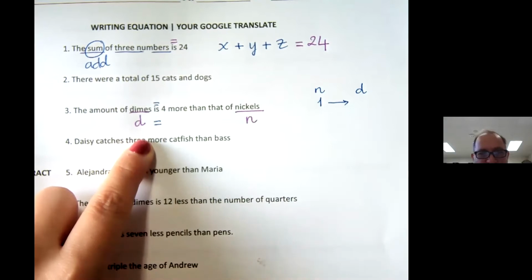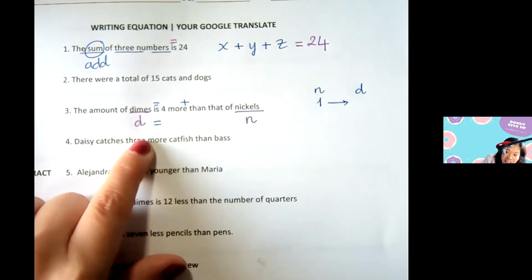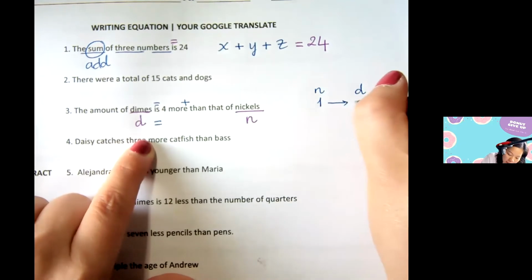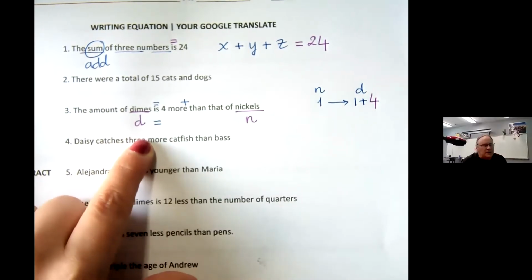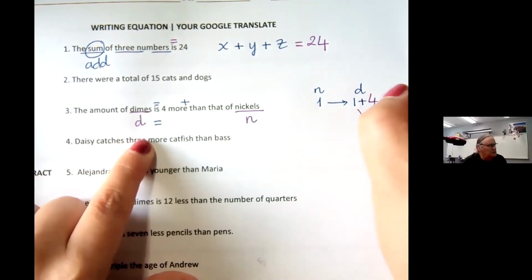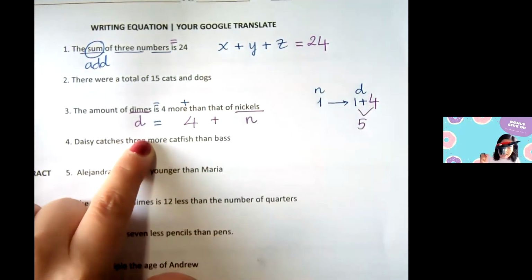More than means plus. Oh, good job, Mr. So 4 more than, you're just adding on top of the number that we have. So here, we can take the number of nickels and add 4 more. Don't you agree? Yes, dimes equals N plus 4. Exactly.